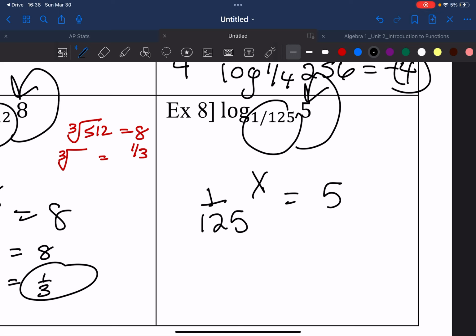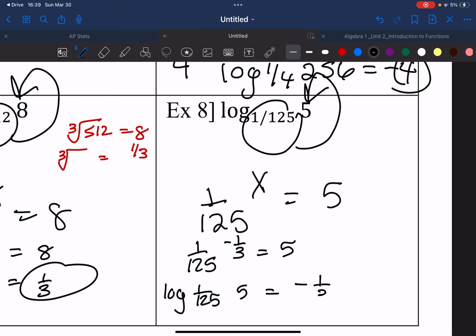I need that 125 to give me 5, which is the cube root. So the cube root I know is 1/3, but since it's a fraction to a whole number, it has to be negative. So this is actually going to be 1/125 to the negative 1/3 is equal to 5, which means log base 1/125 of 5 is equal to negative 1/3, and that's the answer.